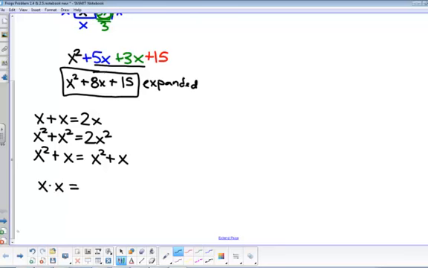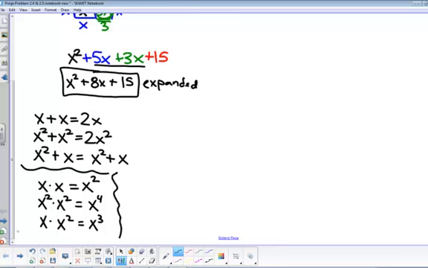So x times x is x squared. X squared times x squared is x to the 4th. And x times x squared is x cubed. So multiplying, you can do anything. Exponents change. Adding and subtracting, you can only add like terms. So if you have like ABC plus AB, that's just ABC plus AB. You have to have an ABC to add to an ABC.